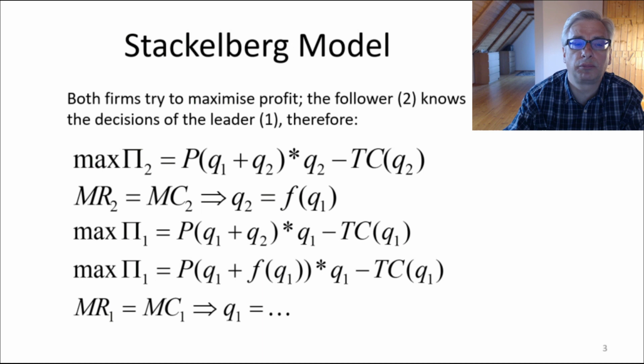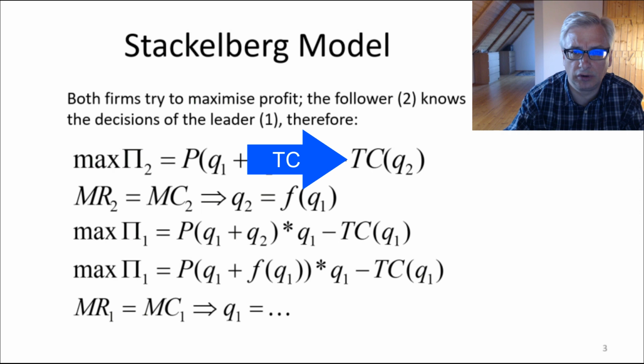What is the profit of the follower? The profit of the follower is the difference between total revenue of the follower and total cost of the follower. This total cost depends on quantity produced by the follower, Q2.